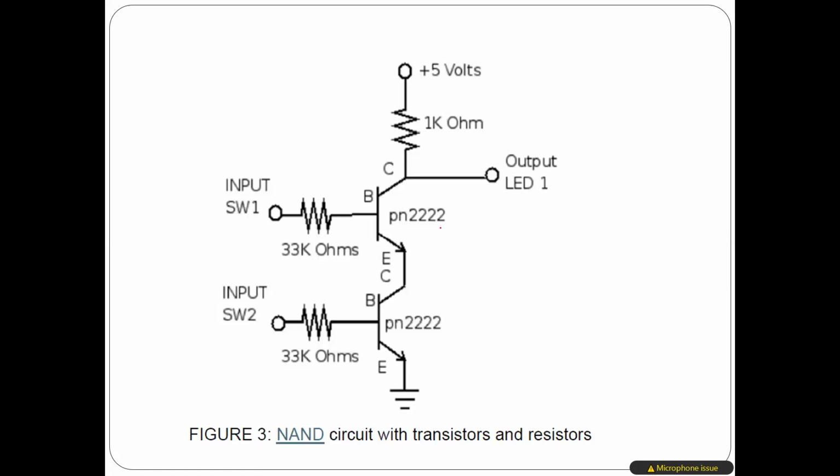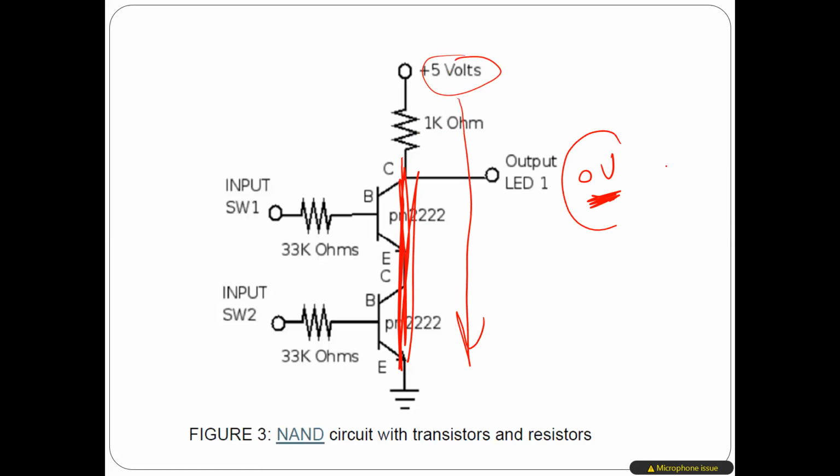Here, the only way to get 0 volt is when there is a short circuit this way. Because we start at 5 volt, we have a resistor, so current has to go this way. So the only way to get 0 volt here is when the two transistors are short circuit or connected. And the only way to connect both of them together is to have 5 volt and 5 volt here, which is 1 and 1.